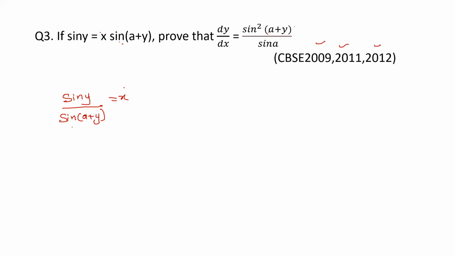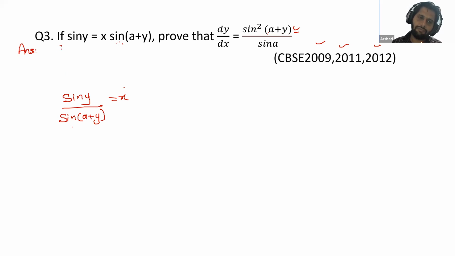Differentiate both sides, find dy by dx. Yes, Fahad, please check here. Here we are getting sine square a plus y when this is in the denominator. We know that only in the quotient rule will we get a square. So what we have done is shift this sine a plus y into the denominator. Please check here.